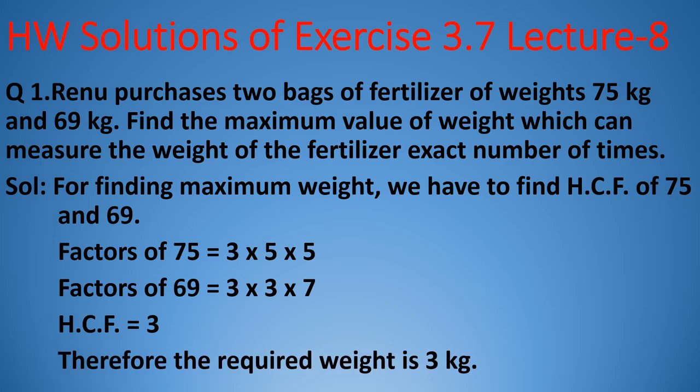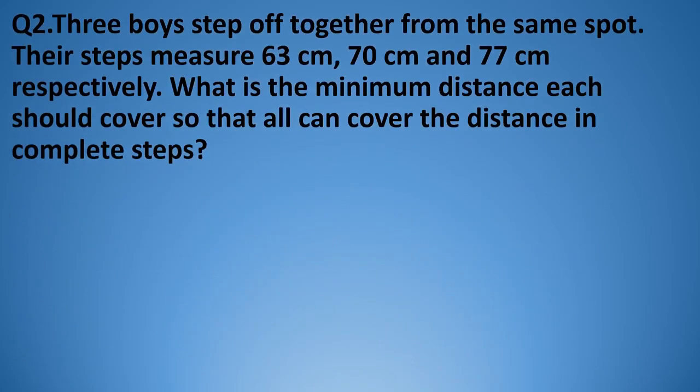See the next question, question number 2. 3 boys step off together from the same spot. Their steps measure 63 centimeter, 70 centimeter and 77 centimeter respectively. What is the minimum distance each should cover so that all can cover the distance in complete steps?